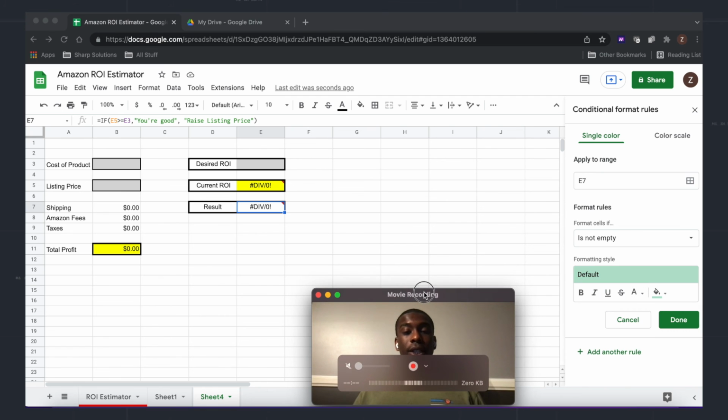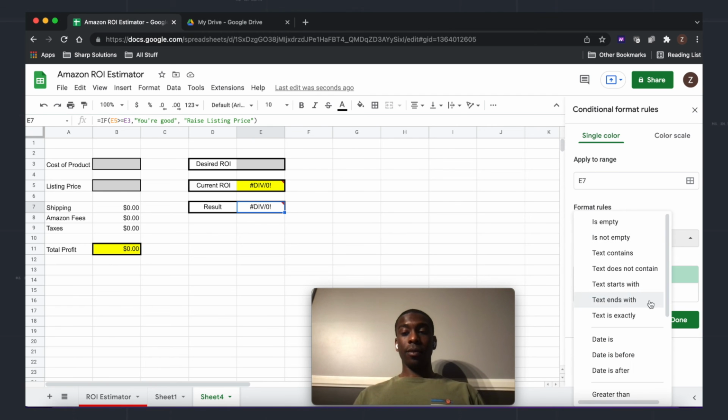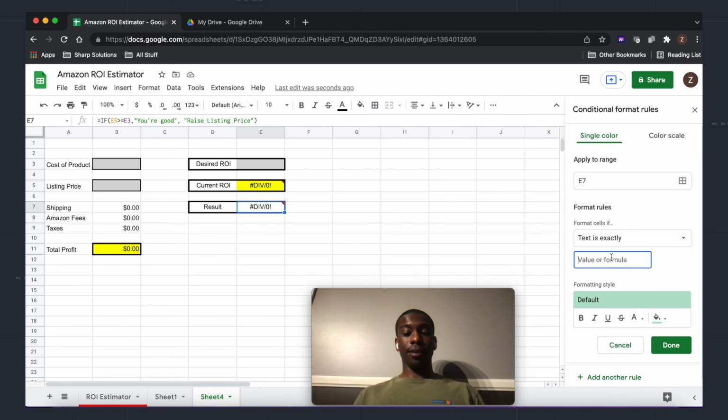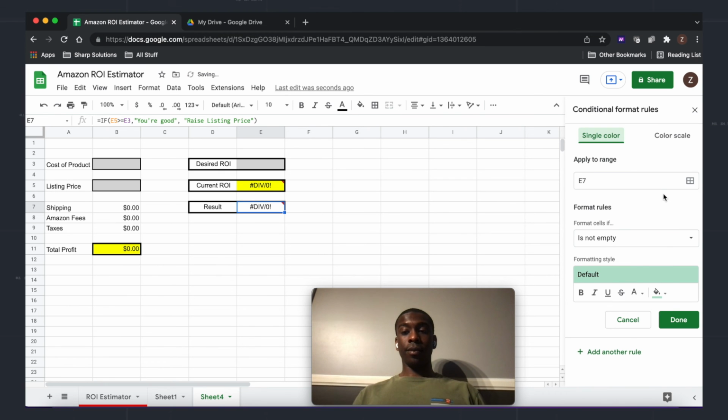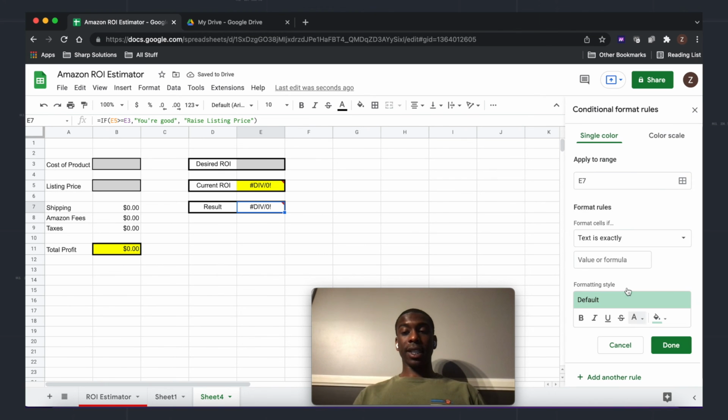If this cell E7 text is exactly good, then we want this to be green. We'll add another rule. When that text is exactly raise listing price, we want this to be red.